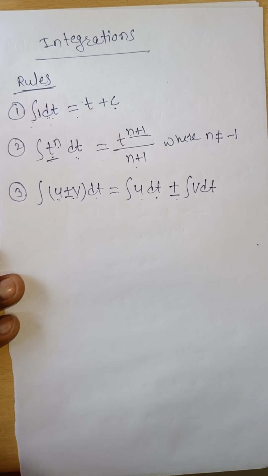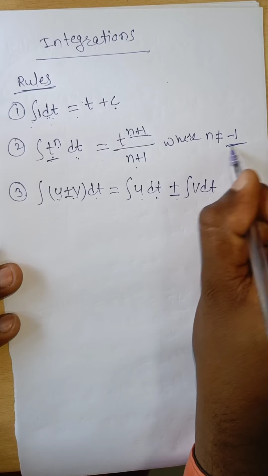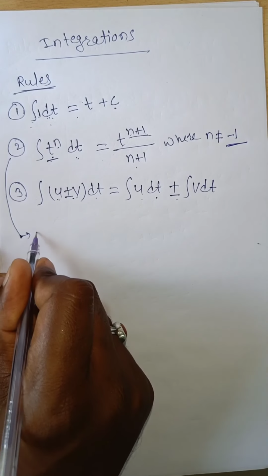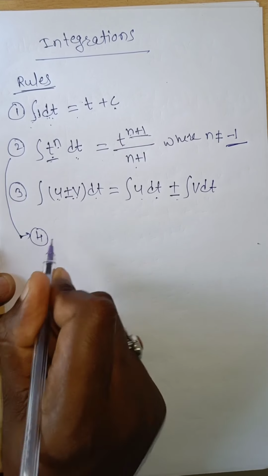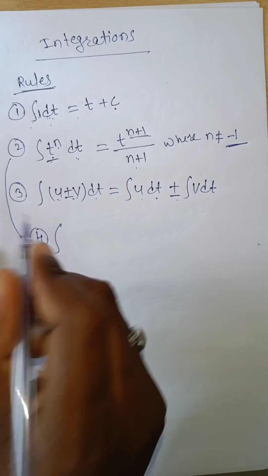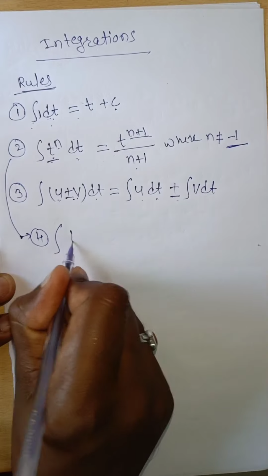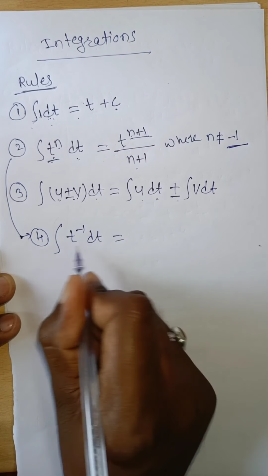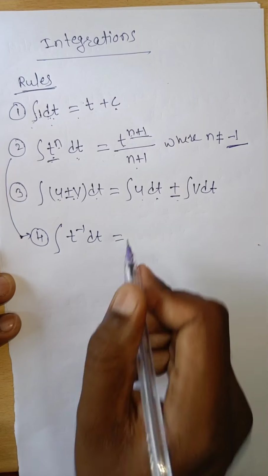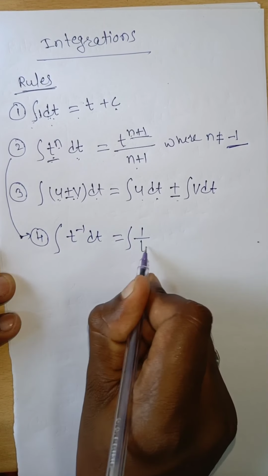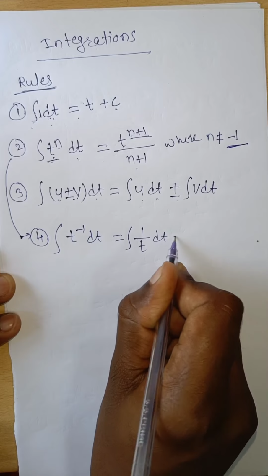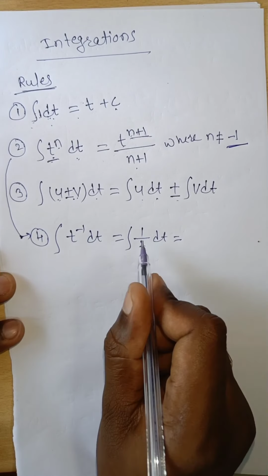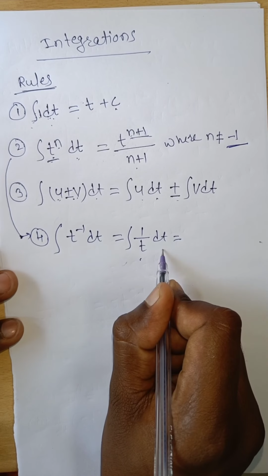Now if n is minus 1, we have to see that rule also. Integration of t to the power of minus 1 dt, where t to the power of minus 1 is nothing but 1 by t, is integration of 1 by t dt.